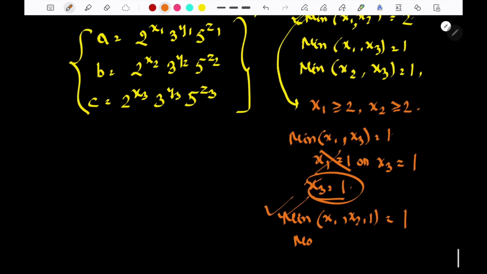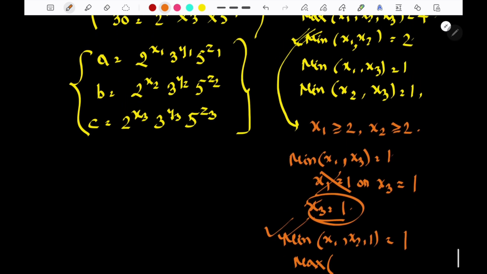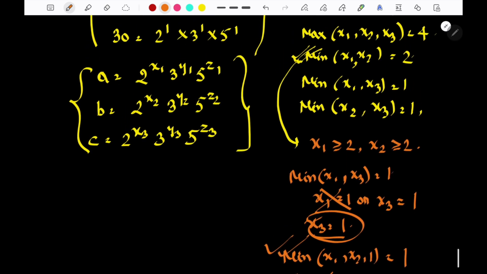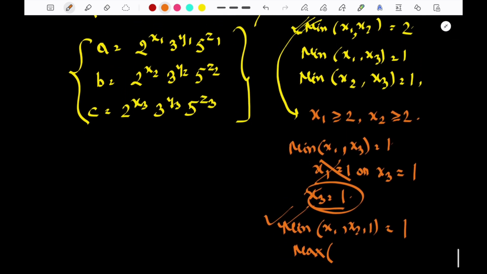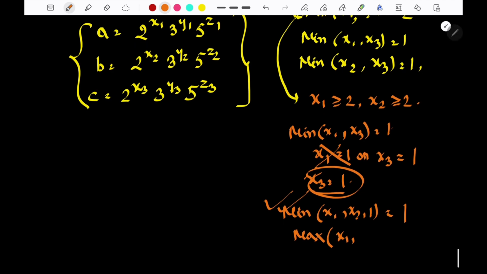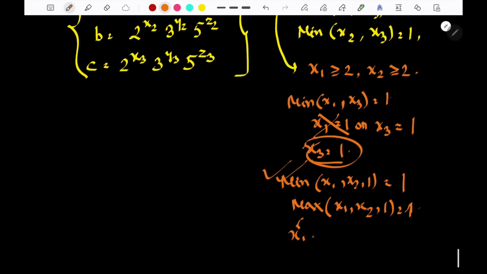Now maximum of what is written, x1 x2 x3. Now we have concluded x3 is 1, so maximum of x1, x2 and 1 is 4. It means either x1 is equal to 4 or x2 is equal to 4.